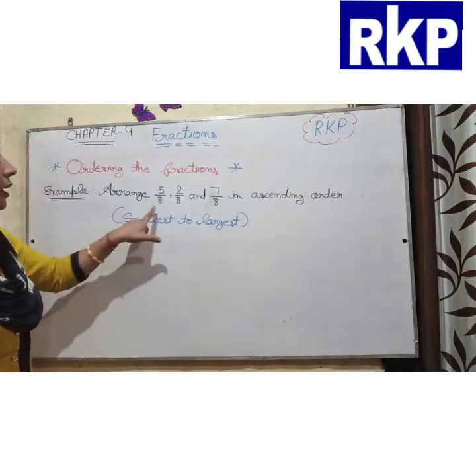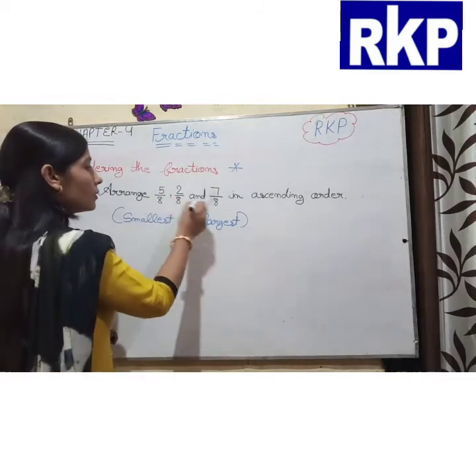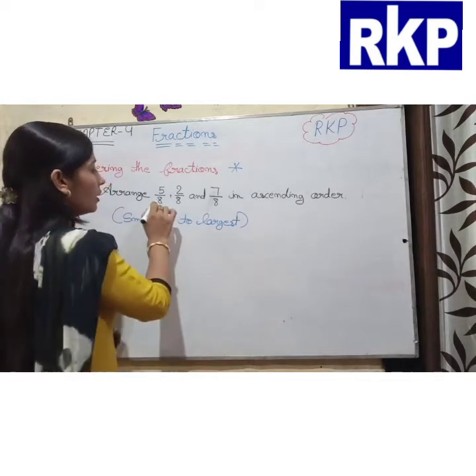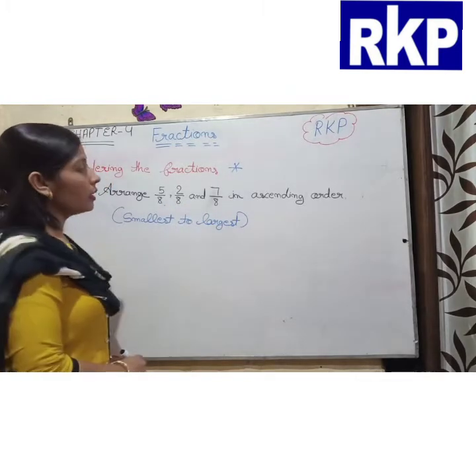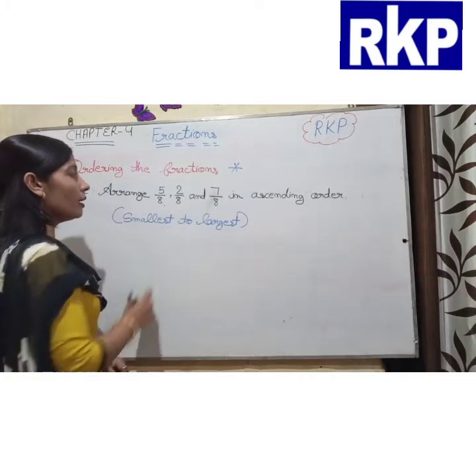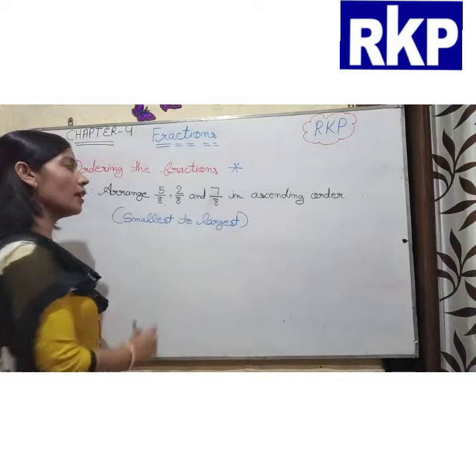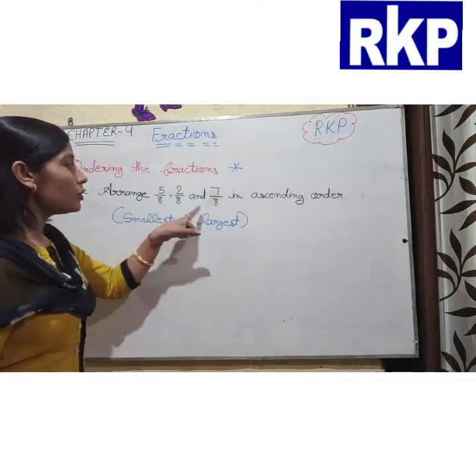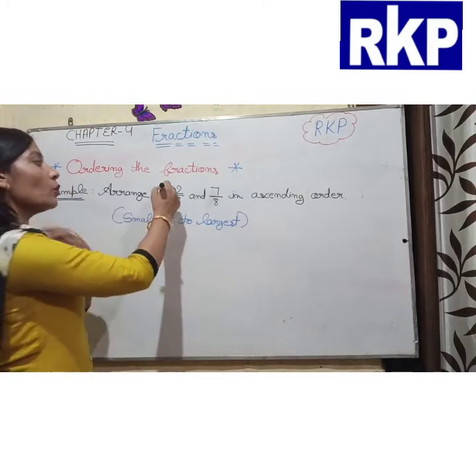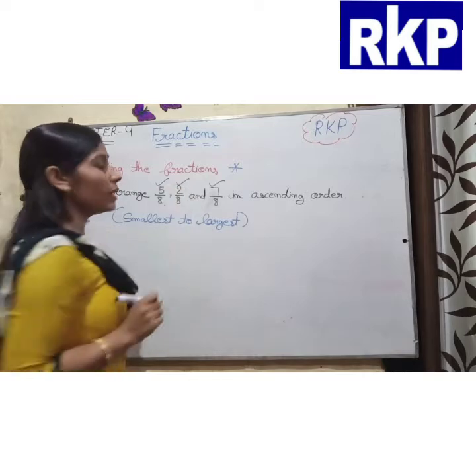Here we can see that in these fractions denominators are same. So these are like fractions. So now we need to check only the numerator.